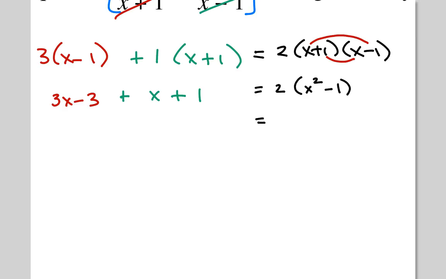Distribute, please. Just distribute. 2x squared minus 2, very nice. On the left side. Shaq, left side, can you collect terms, please? Good.